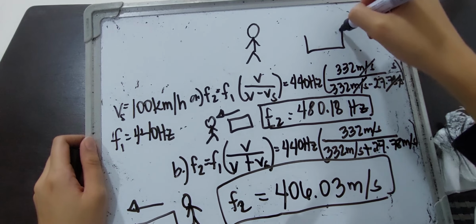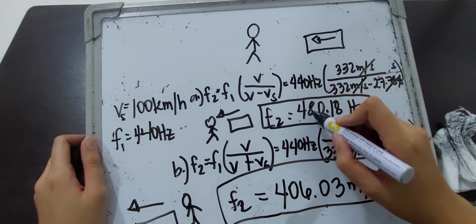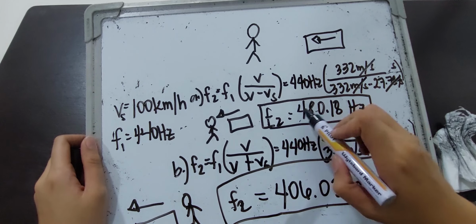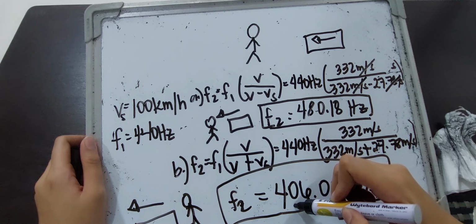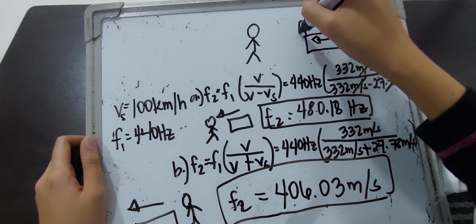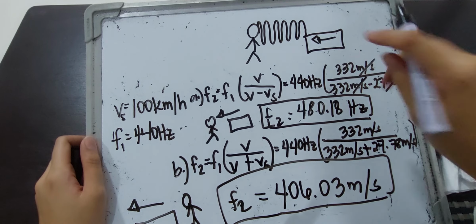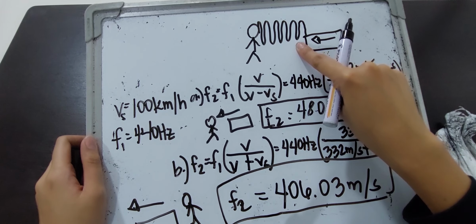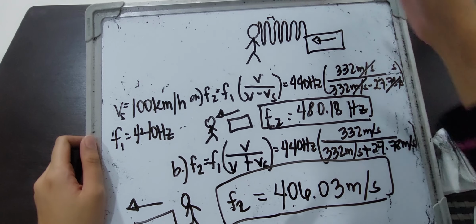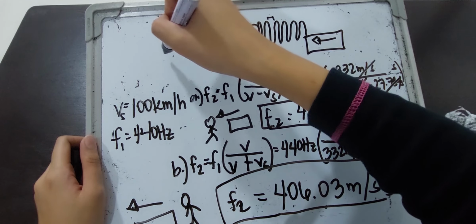If the car is approaching the observer, makikita natin na mas mataas yung frequency, or the frequency here is higher than the frequency when the car is moving away. It means that the sound waves are close to each other. Kaya nga mataas yung frequency. Sabi ko nga dun sa recorded discussion, as the frequency increases, the wavelength decreases. Mas umiiksi yung wavelength.